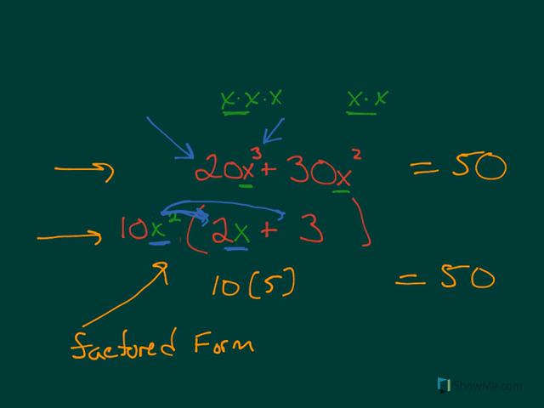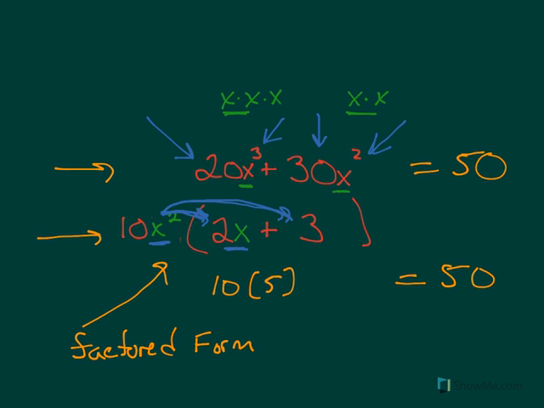And then 10x squared times the 3. 10 times the 3 gets you the 30. And then the x squared times x squared would be 30x squared. So you can always check everything by multiplying. I would recommend to always check your factors by multiplying. If you can multiply it back together, then they are probably good factors.